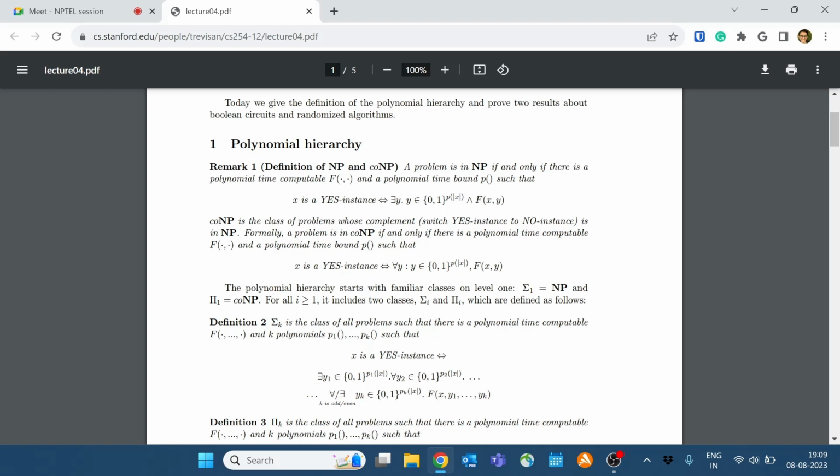Wait, okay, but if you just forget about the first thing, then hold on. There exists y such that this. So for all y, no, wait, I think there is some issue. So there exists y such that f of y equals 1, and for all y, f of y equals 0.